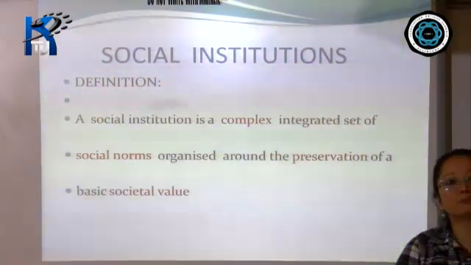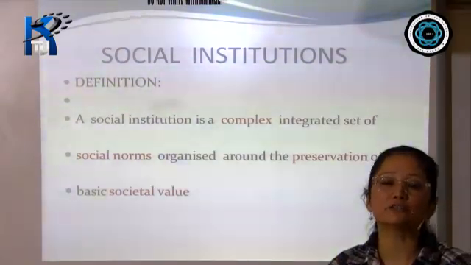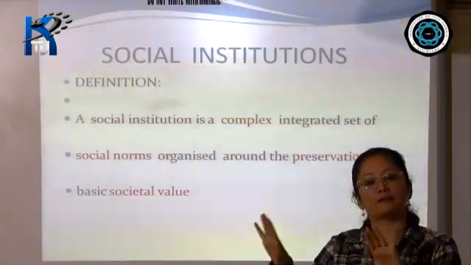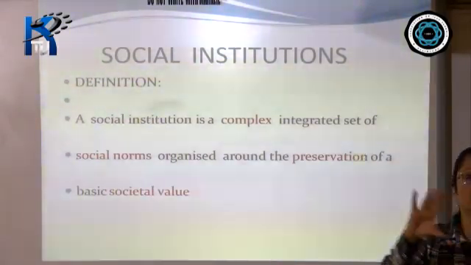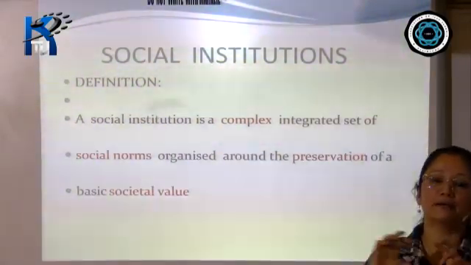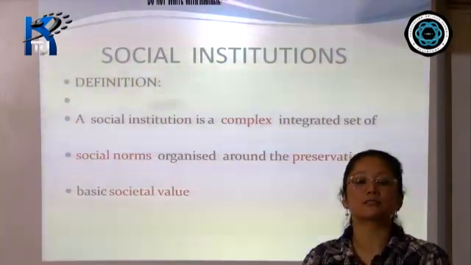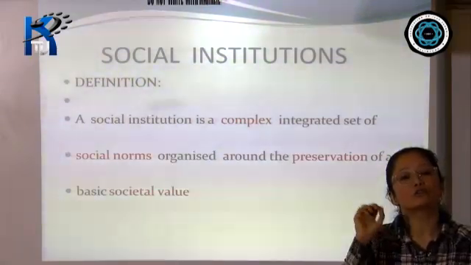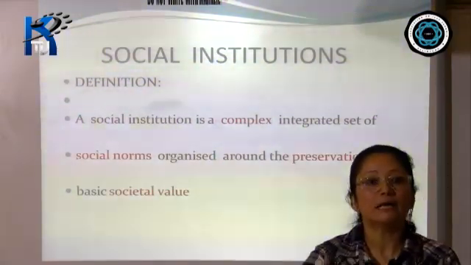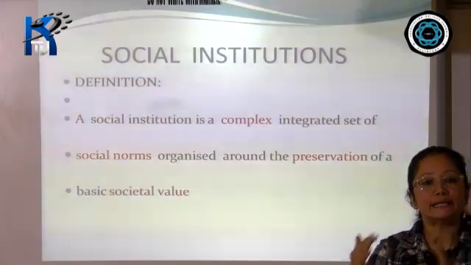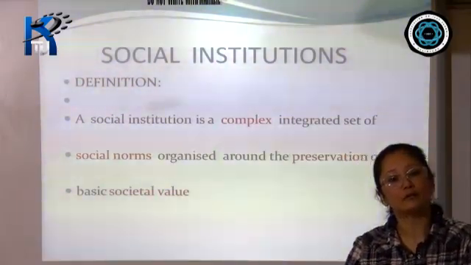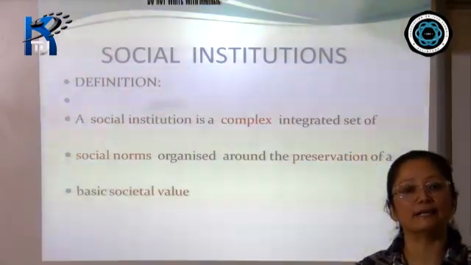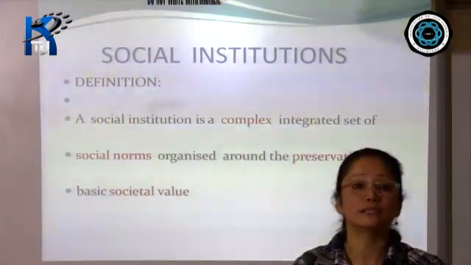If you just flip through the first few pages of the chapter, then you will come across, in short paragraphs, something on kinship and marriage and family and religion, political institutions, etc. What I normally do is, I do not go through that first, because later you are doing each chapter in detail. You're doing kinship in detail, you're doing political organization in detail, you're doing economic organization in detail.